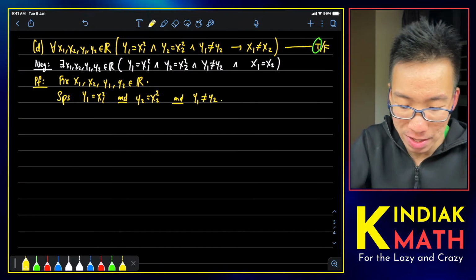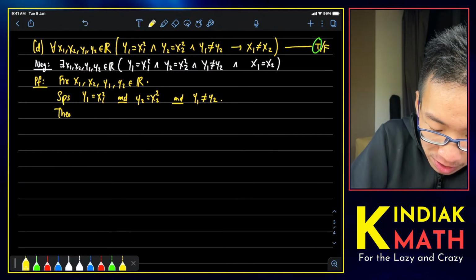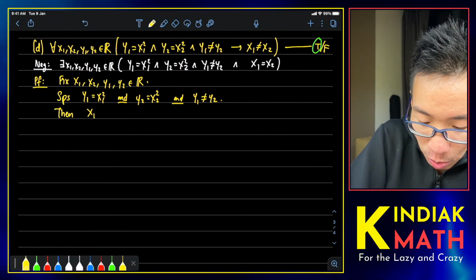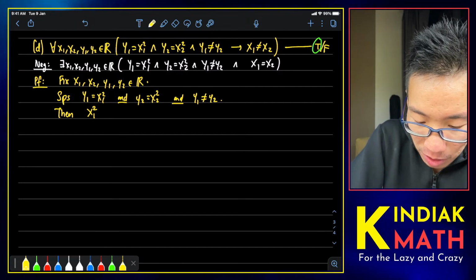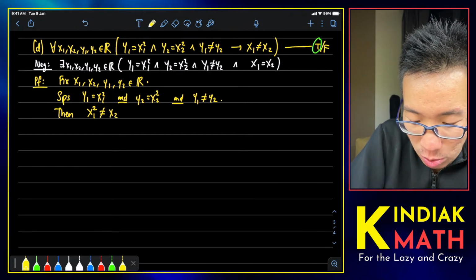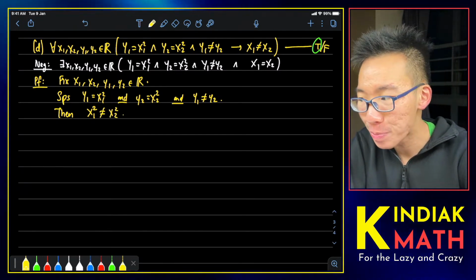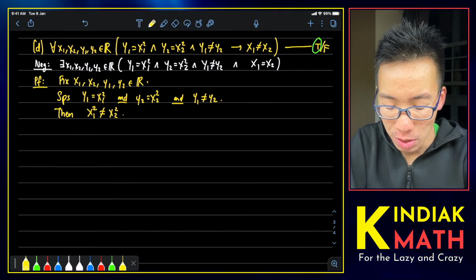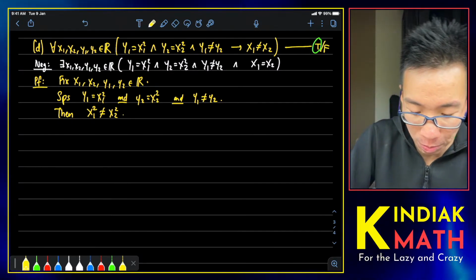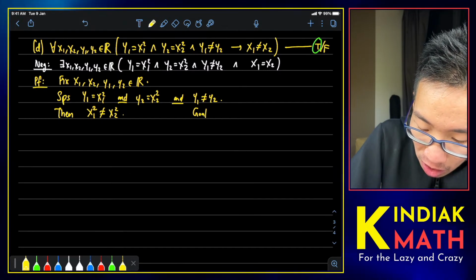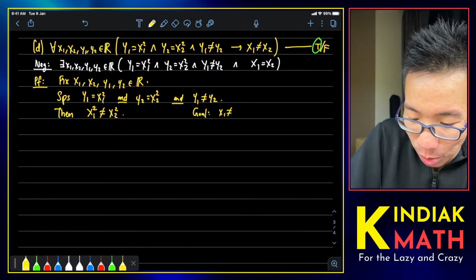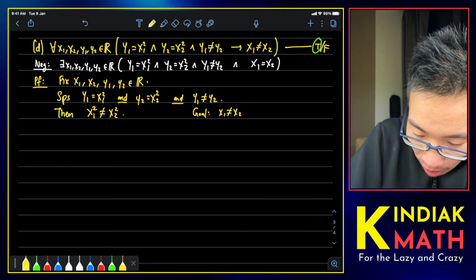So what does that tell us? Then it tells us that x1 squared is not equal to x2 squared. So what's our goal? Our goal is to show that x1 is not equal to x2. This is our goal.